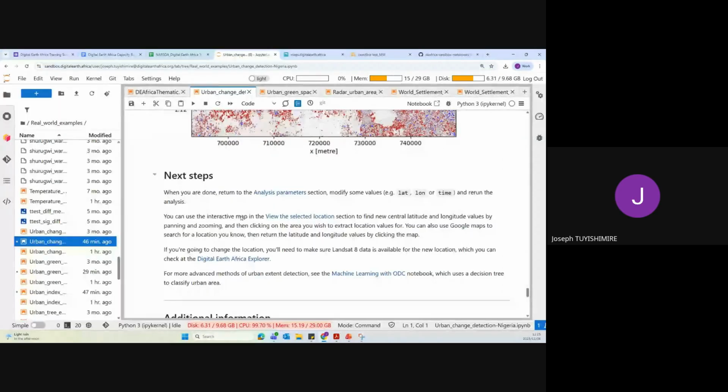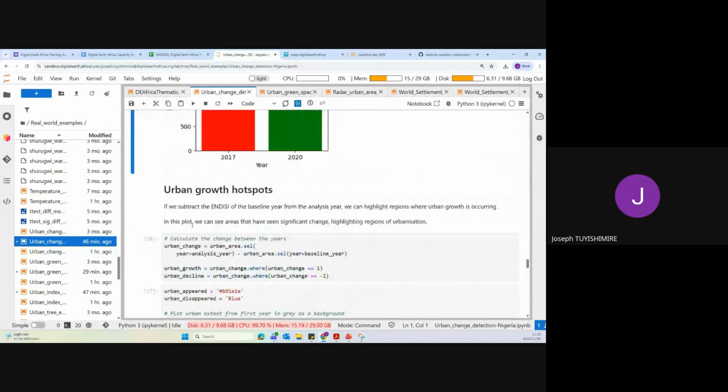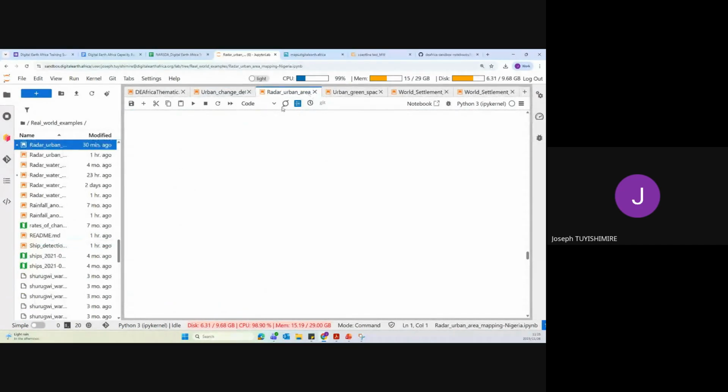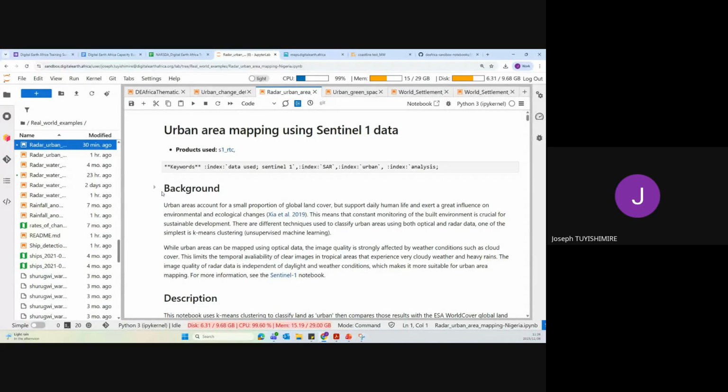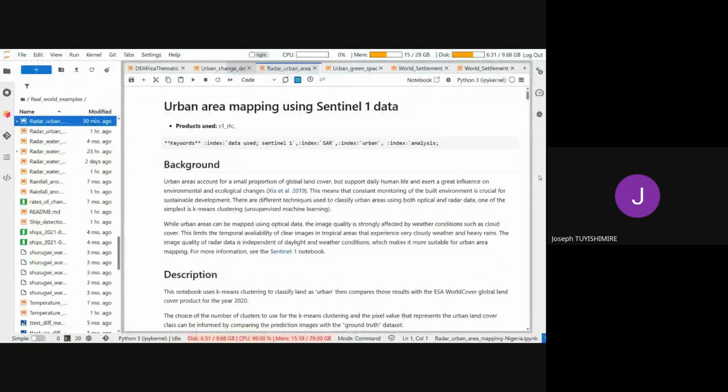I have talked about the urban change detection, but I also want to talk about radar urban mapping. This one is using the Sentinel-1 dataset, and it well describes the rationale behind why we need to understand the urban trends, because it's useful for both planning and intervention in terms of disaster risk and emergencies and so on.